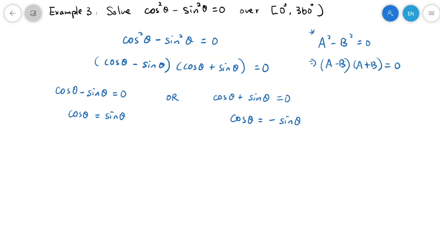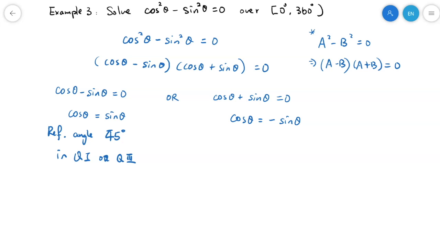That means theta is in quadrant 1 or quadrant 3. So reference angle 45 degrees in quadrant 1 or quadrant 3. In quadrant 1 both are positive, in quadrant 3 both are negative.